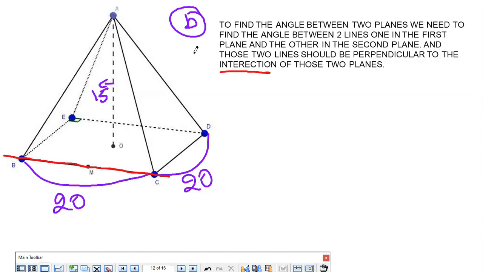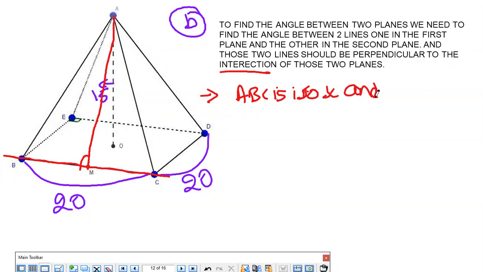Now, I need to look at a line in the plane ABC perpendicular to BC. This line is AM. Why is it AM? Because we know that ABC is an isosceles triangle, and, sorry for the handwriting, AM is a median.